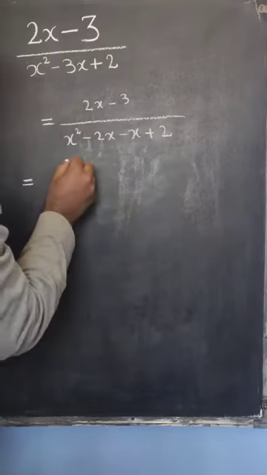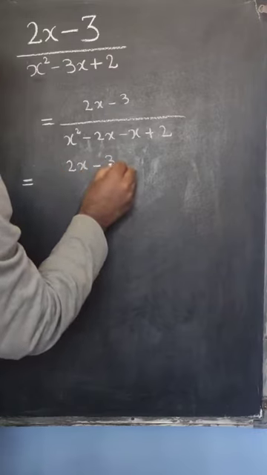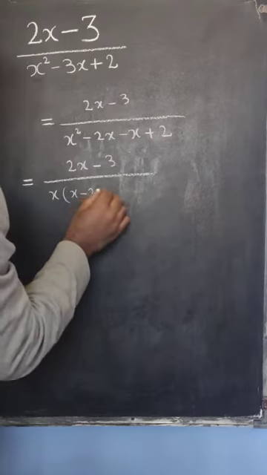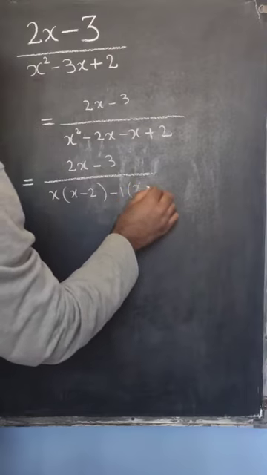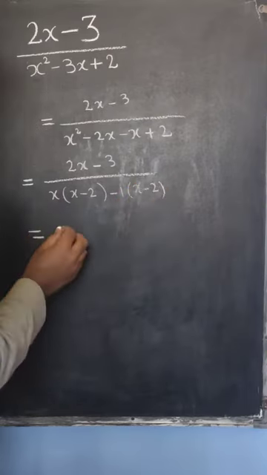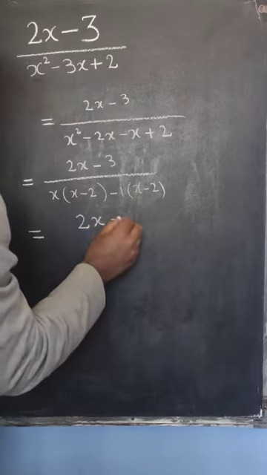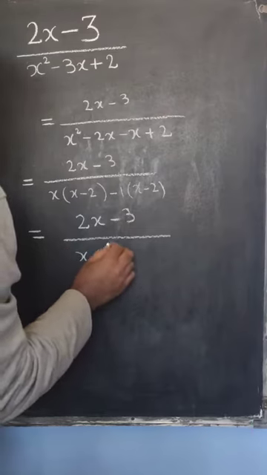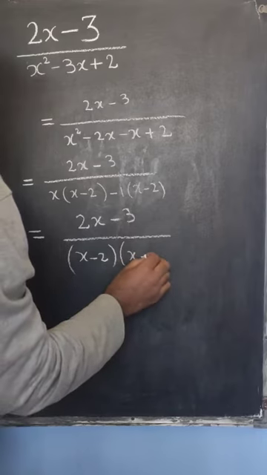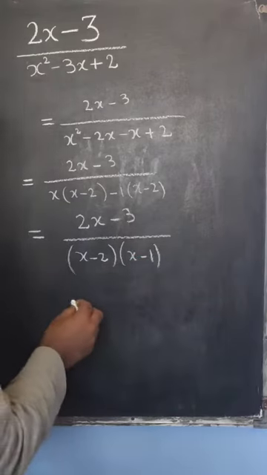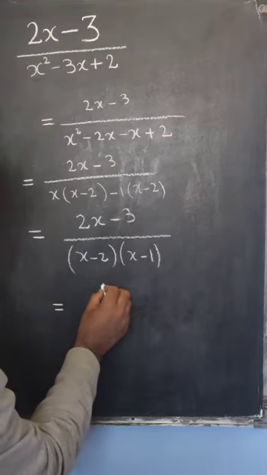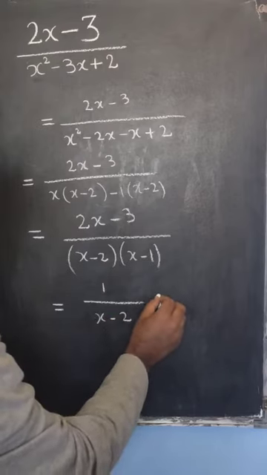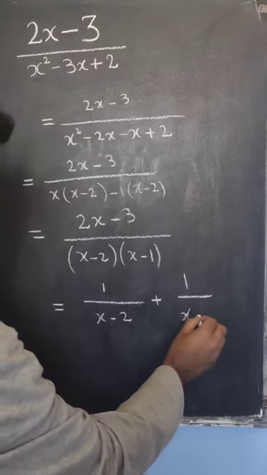That is further equal to (2x minus 3) divided by x into (x minus 2) minus 1 into (x minus 2), or that is equal to (2x minus 3) divided by (x minus 2) into (x minus 1), or we can write it as 1 by (x minus 2) plus 1 by (x minus 1).